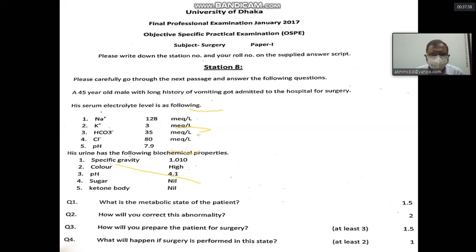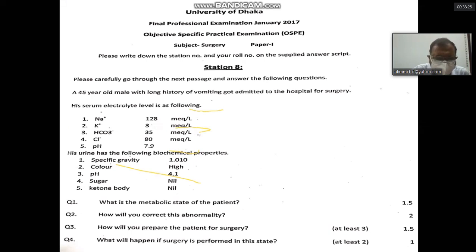Here is another situation, and it is data interpretation. You have to read these questions very carefully because the answer is already mentioned in the question. If you don't go through the question properly, the station will be totally incorrect.